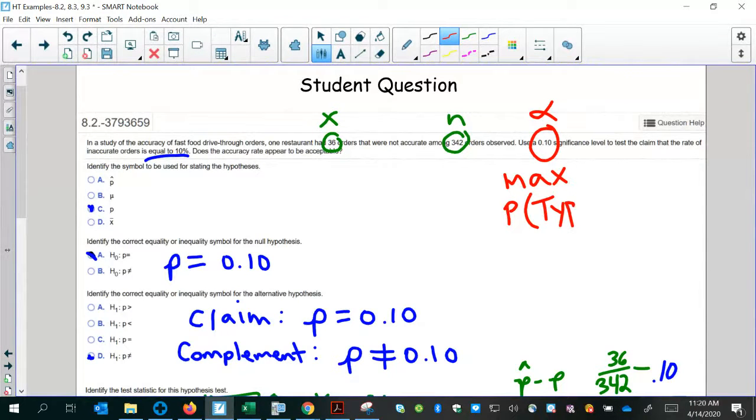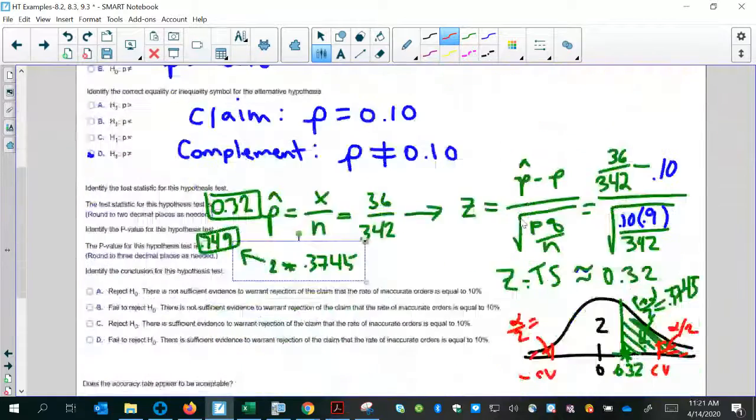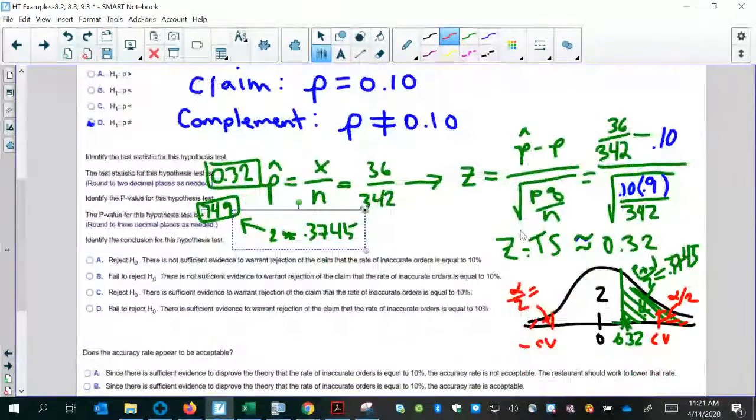And remember, a type 1 error is when we reject a true null hypothesis by mistake. So we're limiting that possibility to 10% chance. And if our p-value is smaller than that, it will be acceptable to reject the null hypothesis. So we want to compare our p-value.